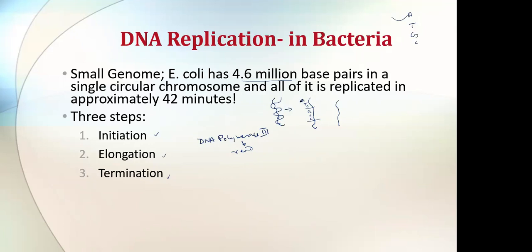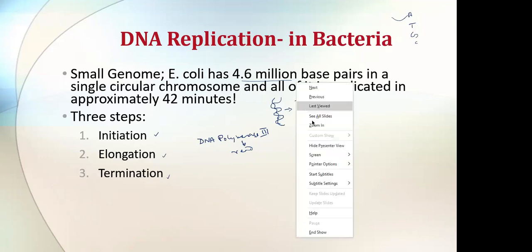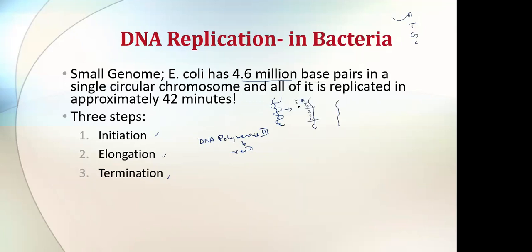Once it reads A, it will bring the complementary one. When it reads T, it will bring the complementary one. C, it will bring the complementary one. Okay, so that's how DNA polymerase makes the new strand.